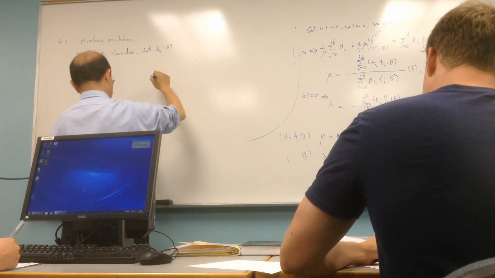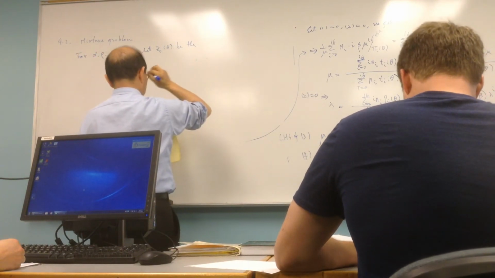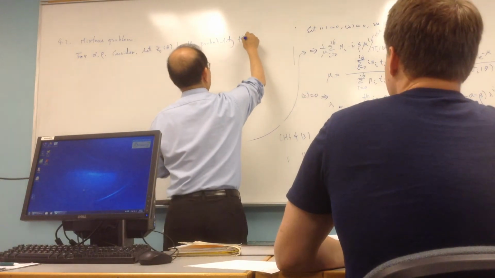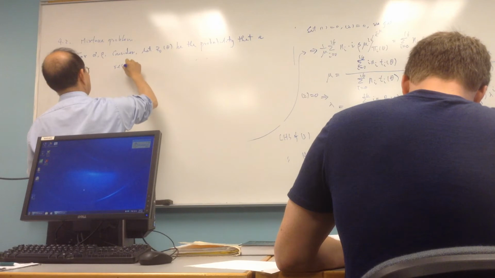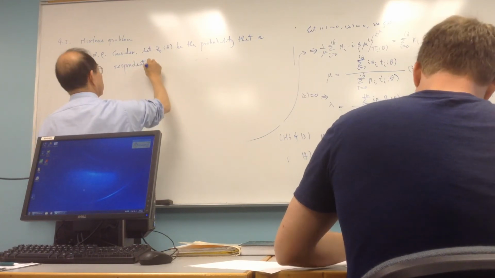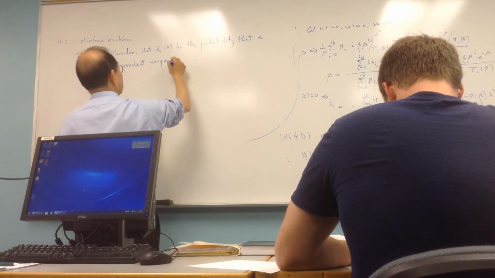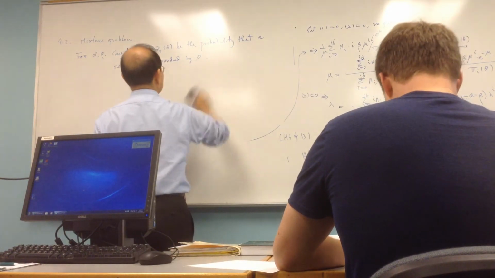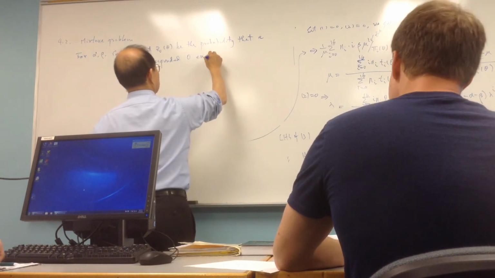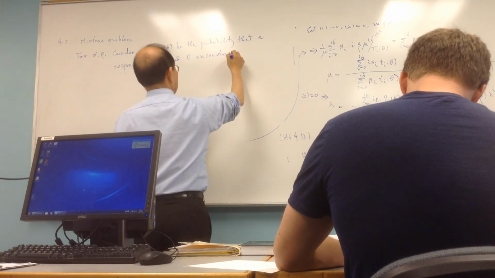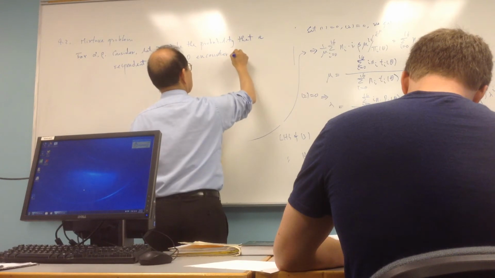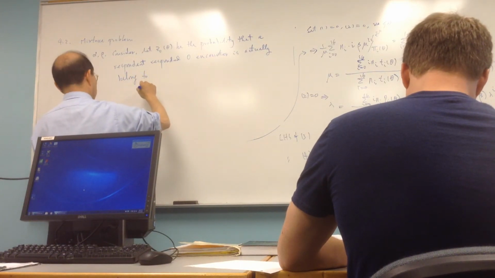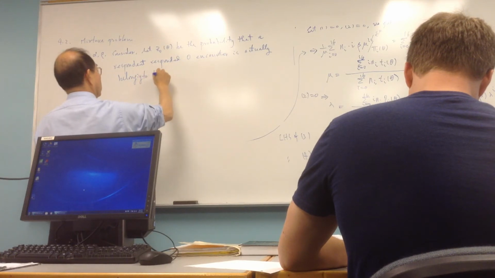Let Z0 theta be the probability that a respondent who responded 0 actually belongs to the Z group.